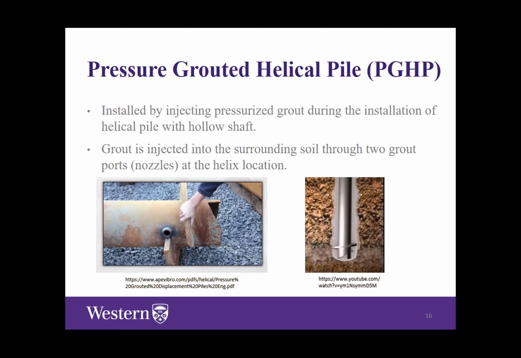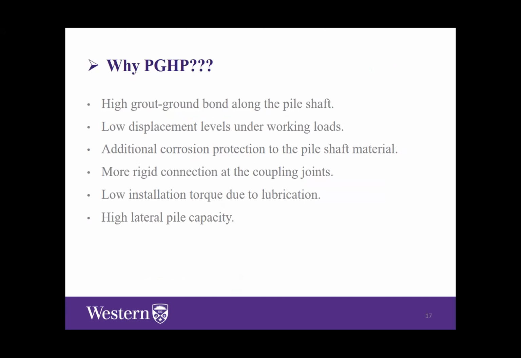So at Western University, we developed an experimental program to investigate the performance of the pressure grouted helical pile in sand. We investigated the shape of the created grout column. Why is the pressure grouted helical pile the super pile?